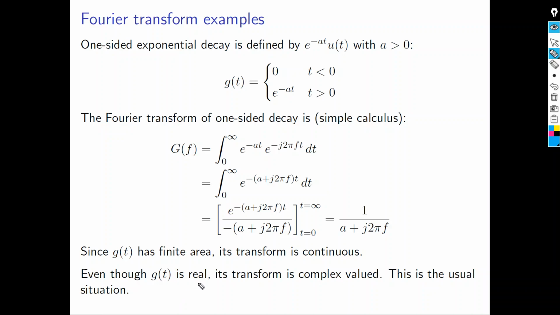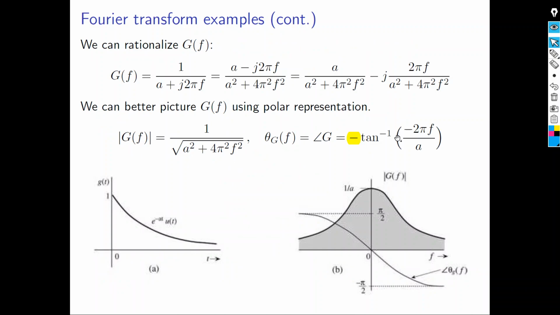Even though g of t is real, its transform is complex, as you can see here. This is the usual situation, because you always have this j2πf. So basically it reflects in the integration. We can rationalize G of f. Let's see why. We want to draw the magnitude and phase.